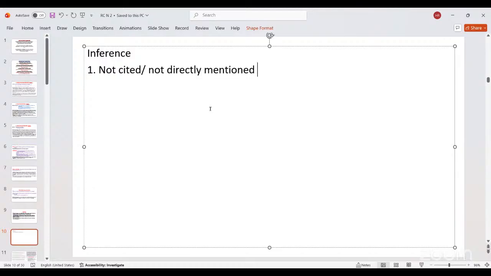The inference question does not give you direct information, and therefore, whenever you are finding the answer, do not match words. The second problem is that the clue is missing. In many cases you will not get the clue, and therefore the right location will be a problem.